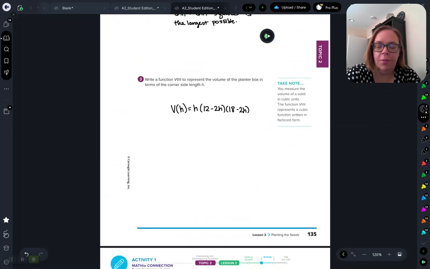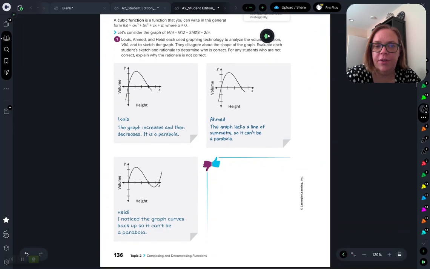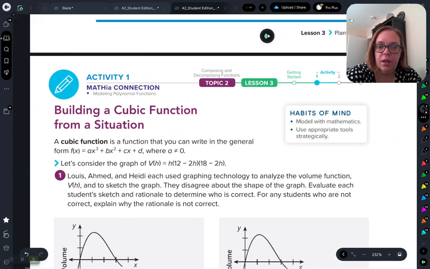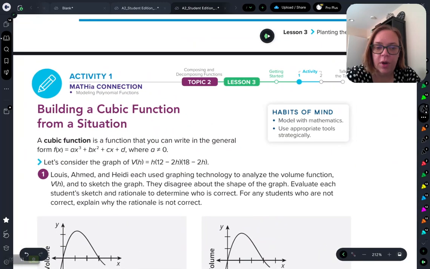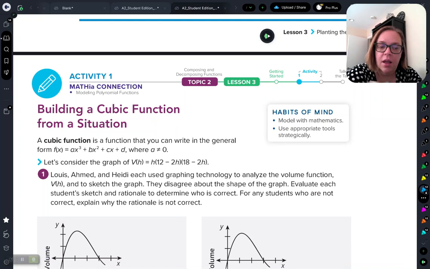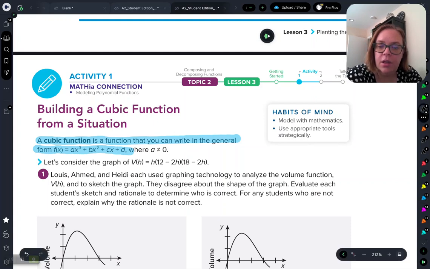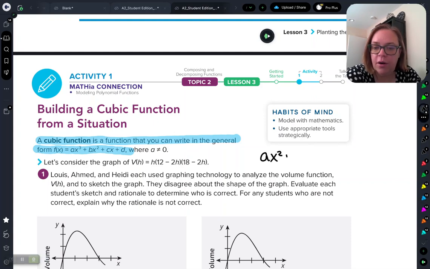We're going to keep going with this problem, though, in activity 1. But we now have a definition of what a cubic function is. A cubic function is a function that you can write in the general form f of x equals ax cubed plus bx squared plus cx plus d. So in quadratics, you had ax squared plus bx plus c.